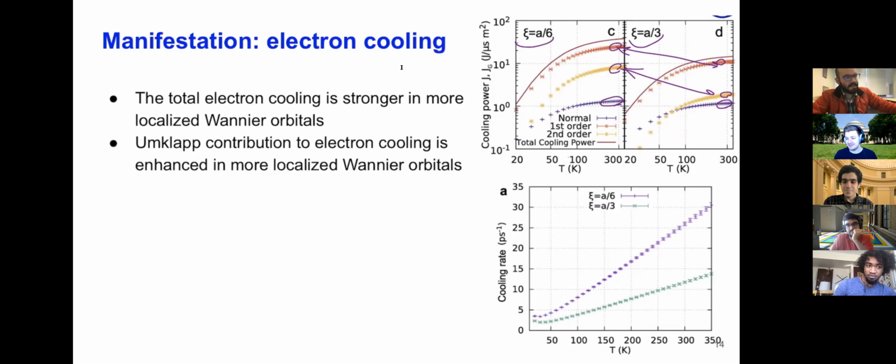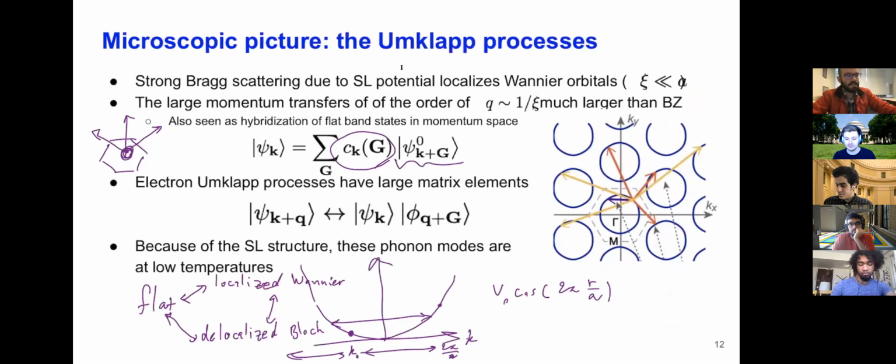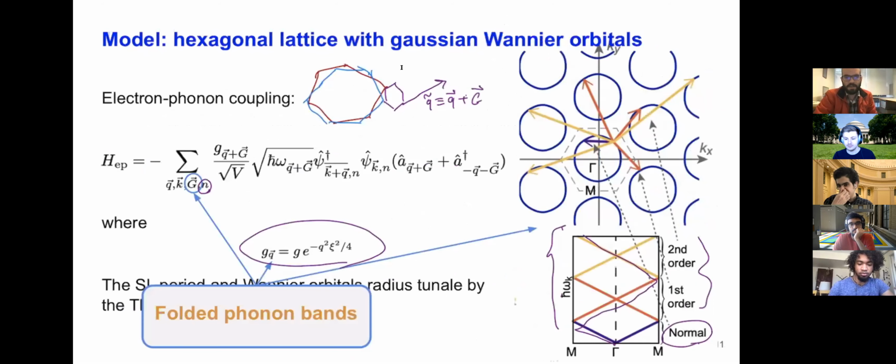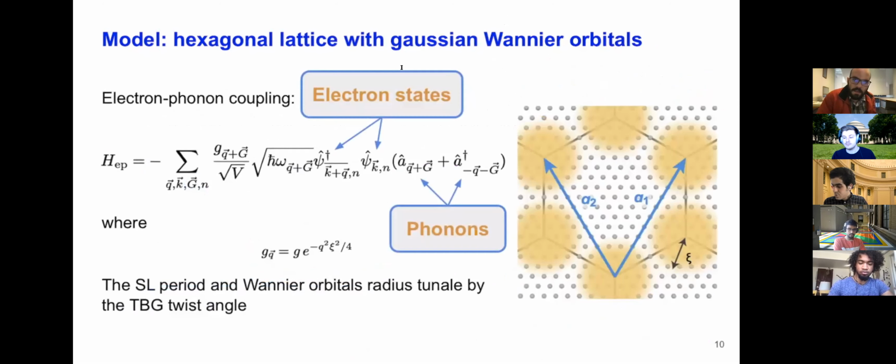Yeah, this model that you had of G times e to the minus q squared. Yes. I saw that you cited your paper at the very beginning. Is there a good way of understanding that? So what we assume is Gaussian Wannier orbitals.